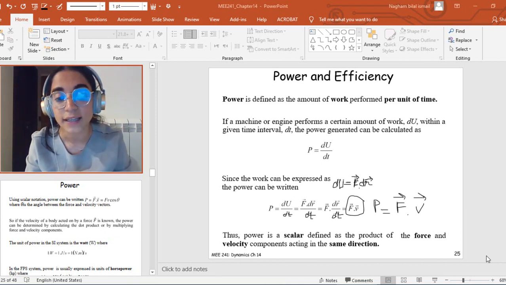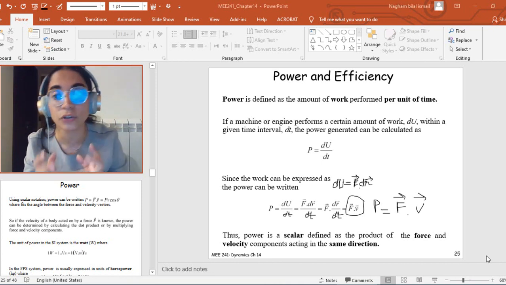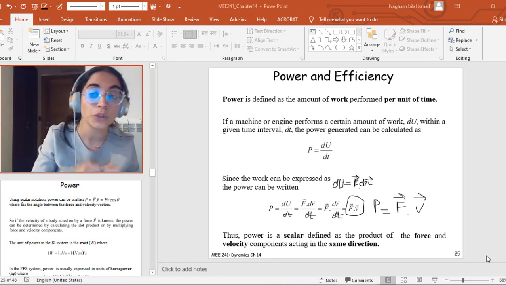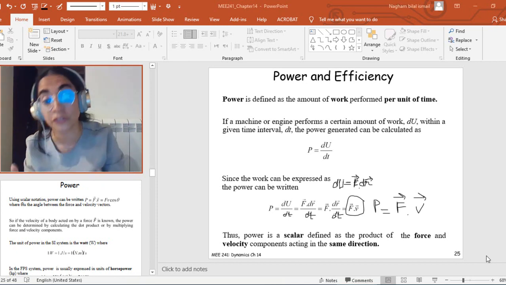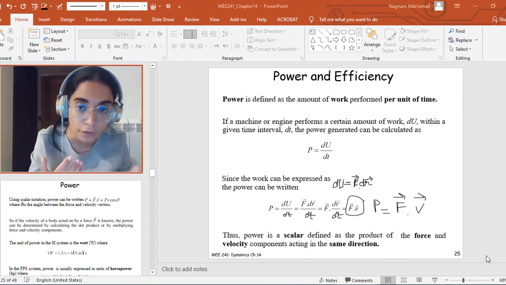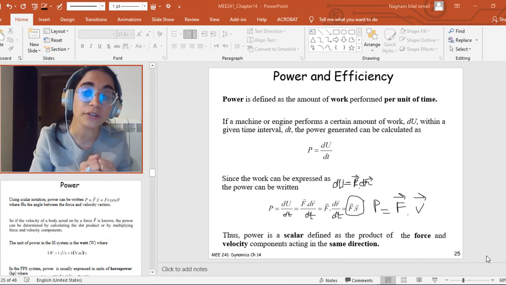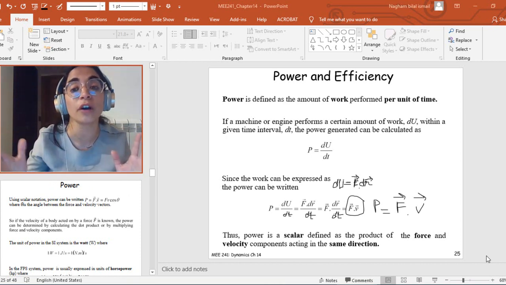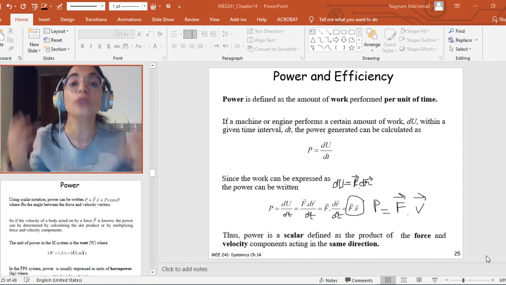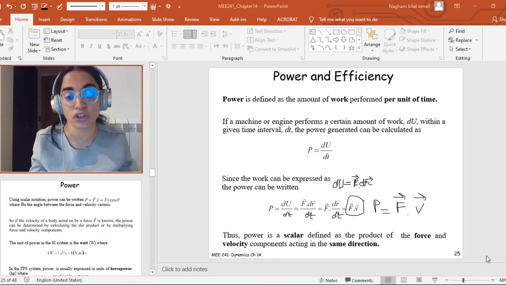So this power, which is the rate of the work versus time, the work performed per unit time, or the derivative of the work with respect to time, is very important, especially if I want to find the output power from a machine or engine.